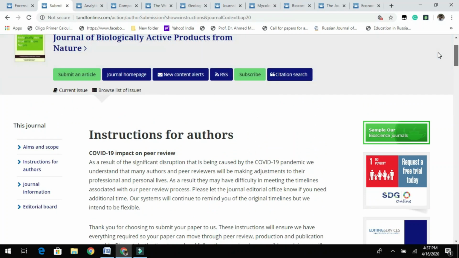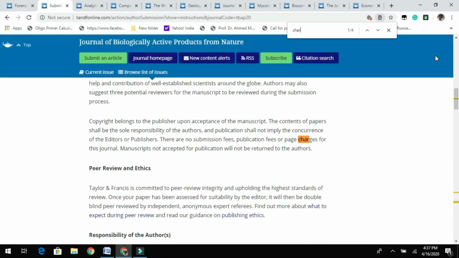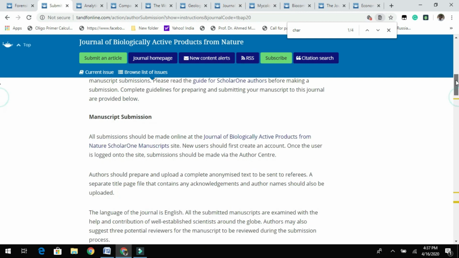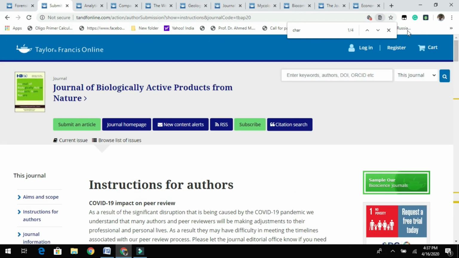Right now we can't see any article processing fee. Let us search charges. So there are no submission fees, publication fees or page charges for this journal, which means you can easily submit or target your upcoming research if it falls under the aims and scope of the journal.